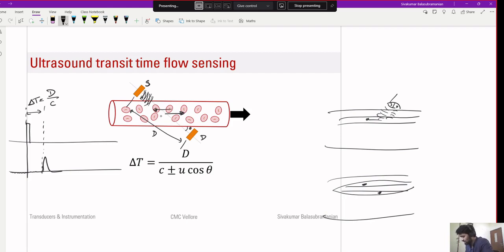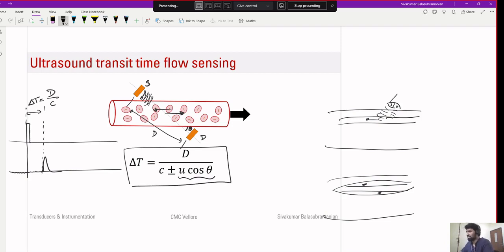And the amount by which it will become faster or slower depends on this angle theta and the direction in which the ultrasound is impinging on your blood vessel.